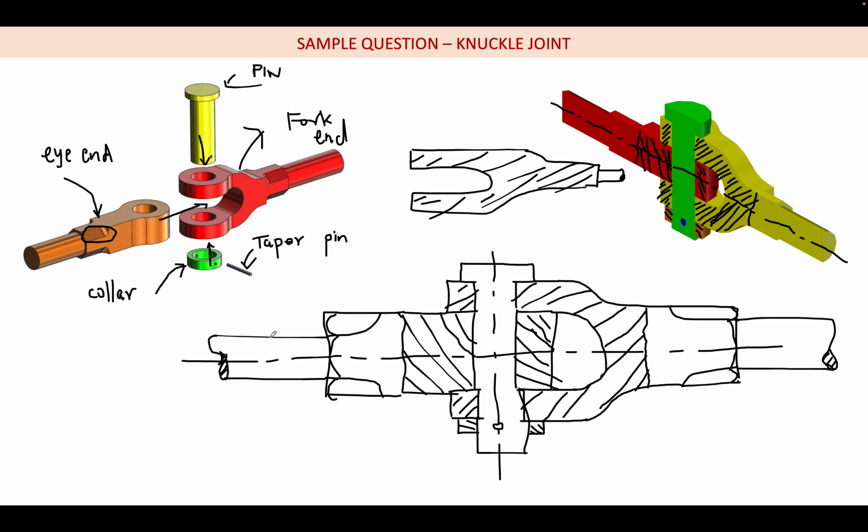Since I am more concerned about the sectional front view, I hope you will be able to manage the top view. Anyway, we can try a small quick freehand sketch. As I told, you will be able to see this shaft over here, then this octagon feature for the eye end, I am telling.